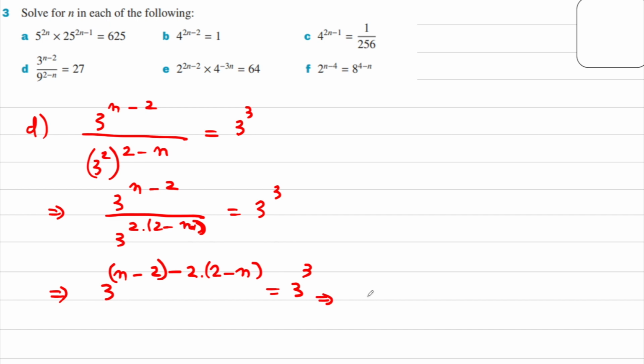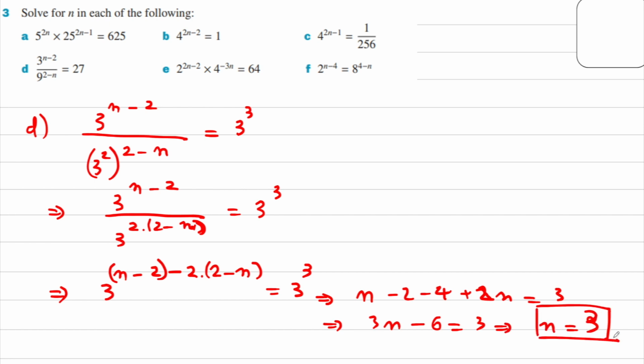And then n minus 2 minus 4 plus 2n equal to 3. 3n minus 6 equal to 3. So n equal to 3. Yeah, n equal to 3 is the answer for question D.